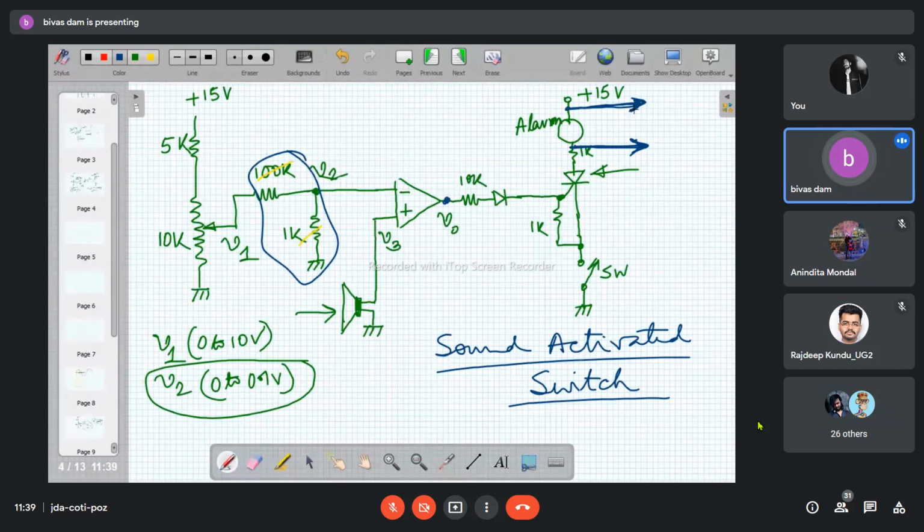As soon as that SCR is on, these two terminals are shorted. If you connect these two terminals to the flash terminals of the camera, as soon as the SCR is on, the flash will be on.